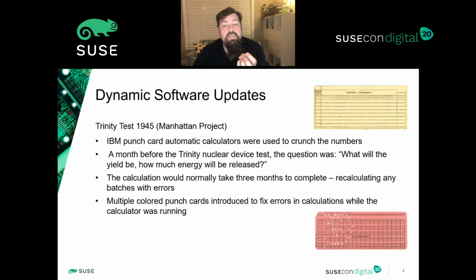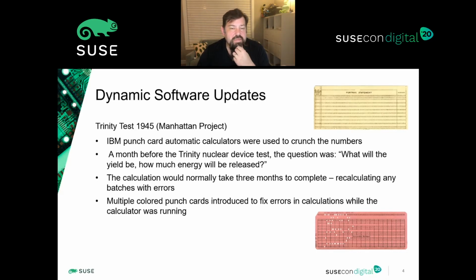In this particular case, it was a long-running calculation that took 3 months to complete, and they wanted to correct errors in how things were calculated, errors in the coding, without having to restart the whole process. And so they came up with this concept of color-coded punch cards to enable them to understand what pieces of the code could be modified and modify them in a chunk, insert the new pieces in, and away they would go. And so it was a good solution set.